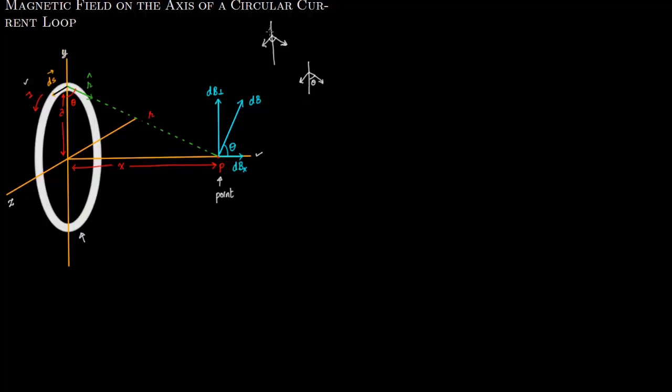Now if you compute the magnetic field at this point, you are going from ds vector to r vector. That is our formula, that ds vector cross product with r vector is in the formula. So dB vector will always point upwards in this case because you're going in the anti-clockwise direction.